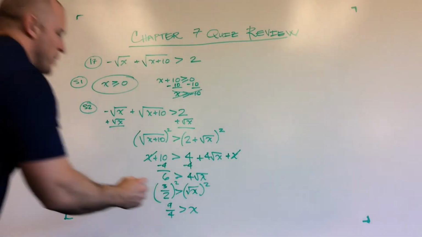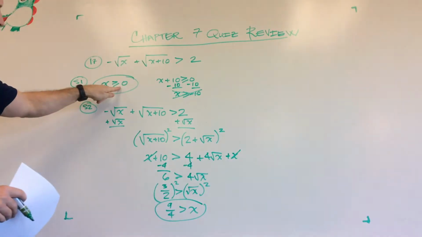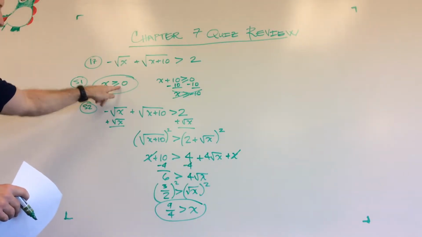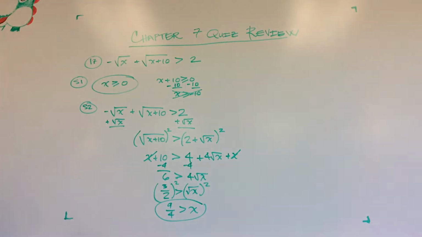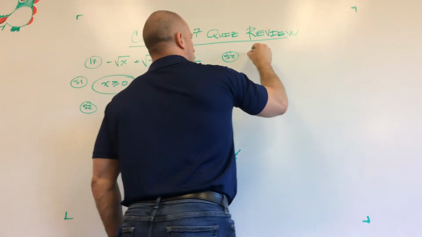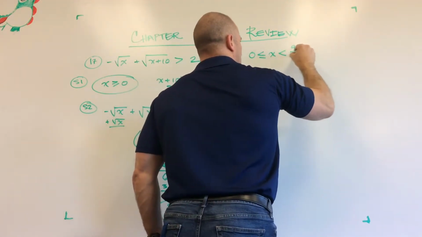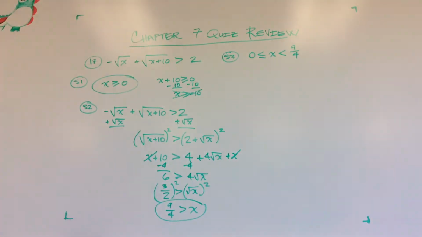We're then going to combine the 2 restrictions we've had. From step 1, we know that x is greater than or equal to 0. From step 2, we know that 9/4 is strictly greater than x. So in step 3, we'll combine those and write it like that.